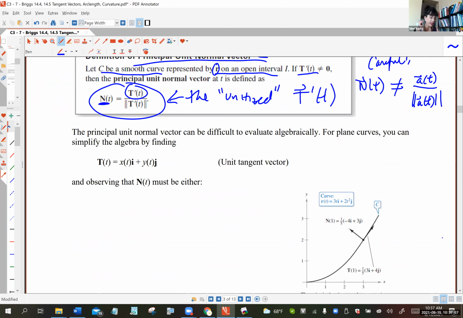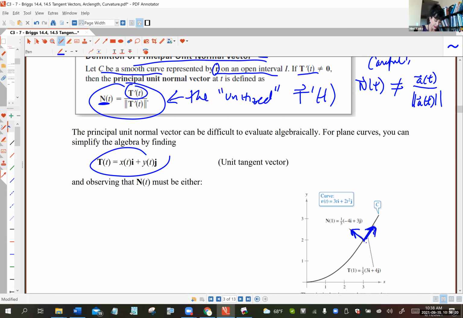Okay. Now, if you're in 2 dimensions, it's kind of easy to get big N. You don't have to do a whole bunch of algebra. You can kind of cheat if you're in 2D. What do you mean? Well, after you get big T, which you know is a unit tangent vector, there's only 2 choices in 2 dimensions for an orthogonal vector.